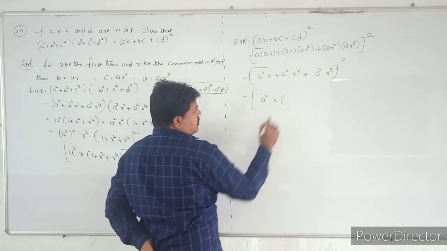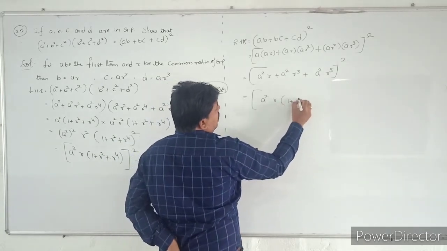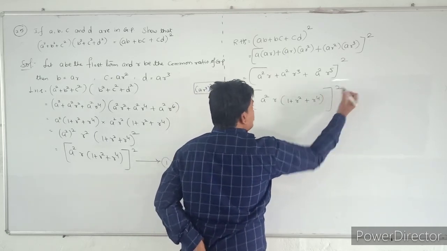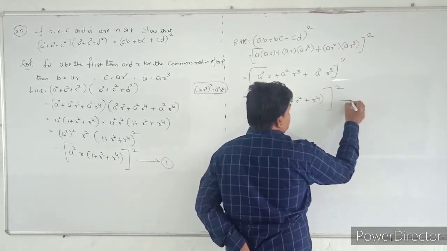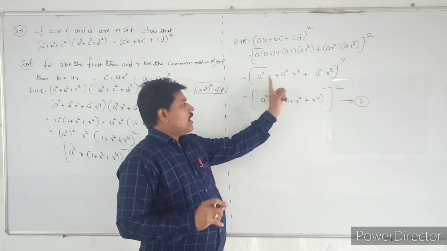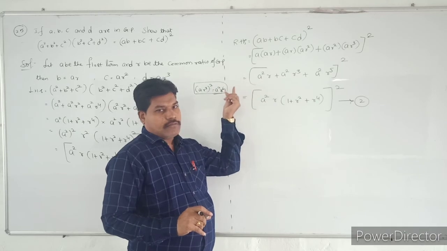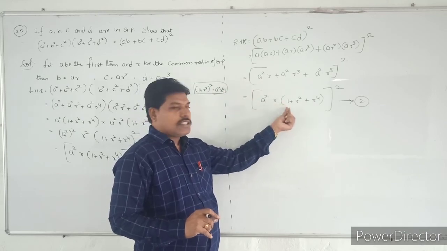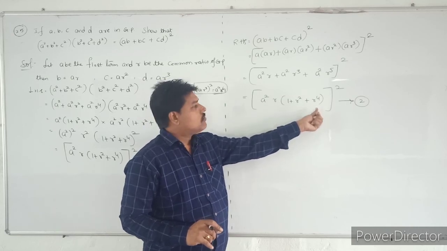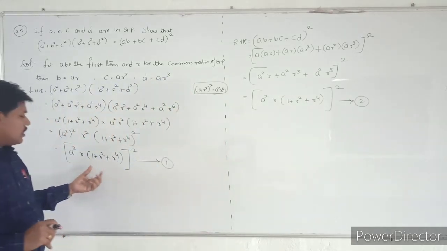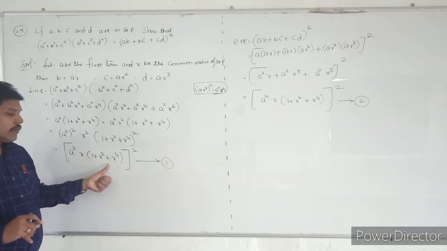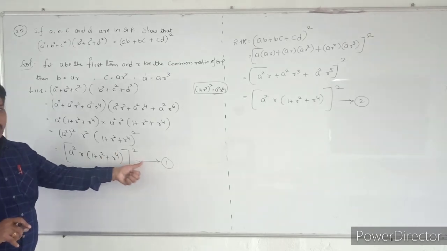So what remains is 1 plus r square plus r power 4 whole square. Take this as equation number 2. I have taken a square r common, so 1 plus r square plus r power 4 remains. See equation 1: a square r into 1 plus r square plus r power 4 whole square.